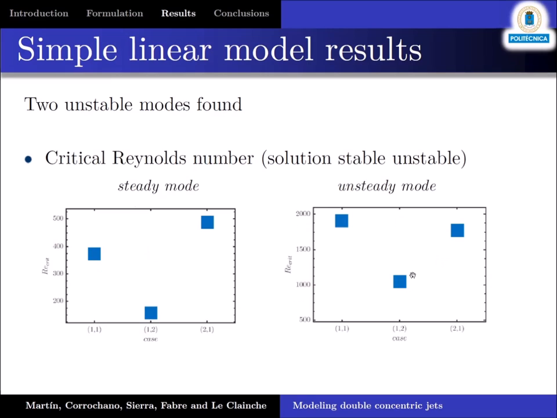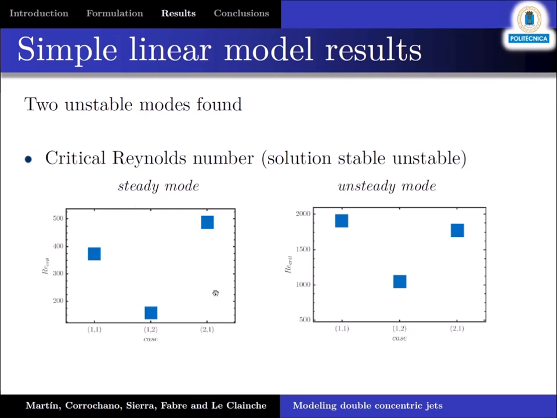Finally, we have studied the critical Reynolds number. It identifies the point where the character of the solution changes from unstable to stable. Again, we set as reference the case 1,1, and we see that if we increase the outer velocity, the critical Reynolds number decreases in both cases, a result that is expected.